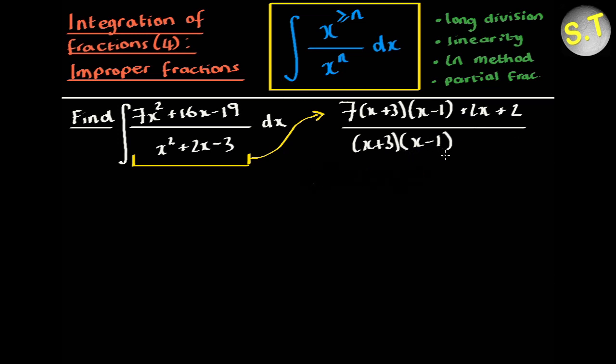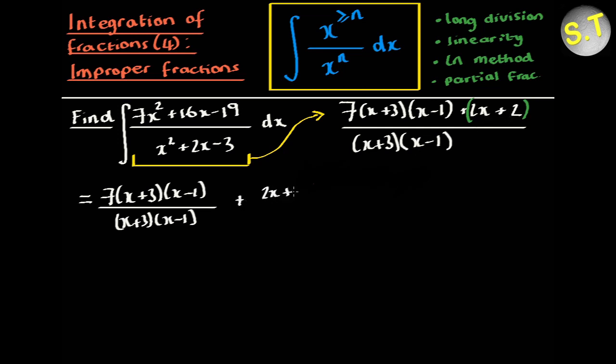What we can do now is separate this into 2 separate fractions. So if we split this up, that gives us 7 times x plus 3 times x minus 1 divided by x plus 3 times x minus 1, plus, we're left with our 2x plus 2 over x plus 3 times x minus 1.